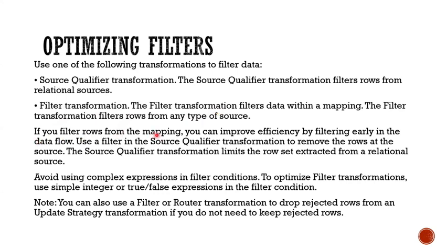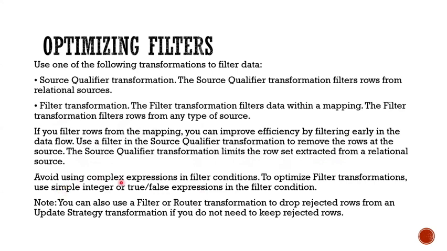If you filter rows from a mapping, you can improve efficiency by filtering early in the data flow. Use a filter in the source qualifier transformation to remove the rows at the source. If you use this, the source qualifier transformation limits the row set extracted from the relational source.